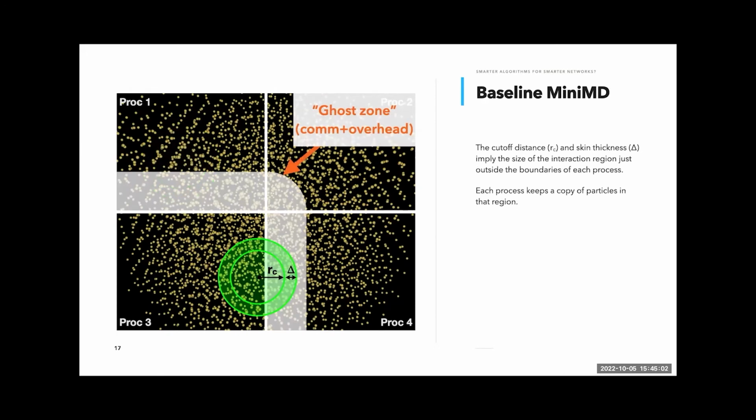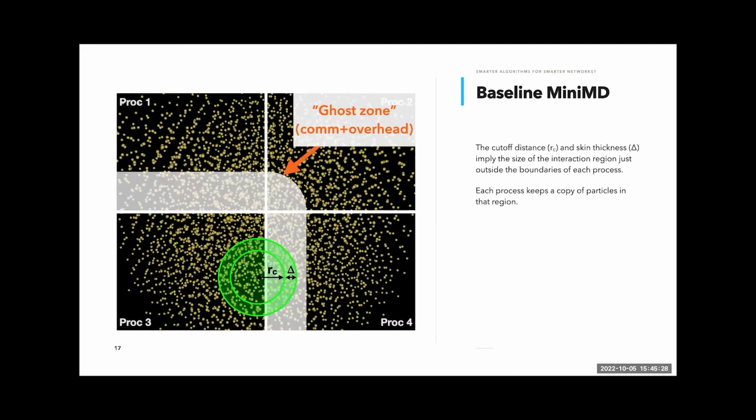Now consider a particle in the center of the circle shown in this figure. In order to compute forces on this particle, process 3 needs to know the position of particles in the enclosing circle. As you can see in the figure, some of the particles are assigned to process 4.